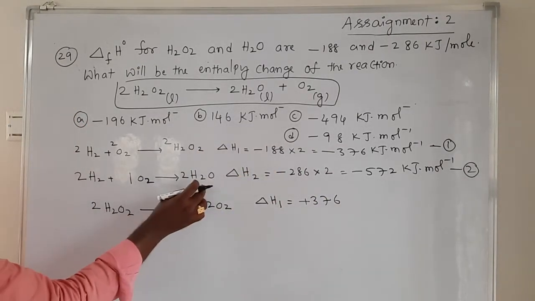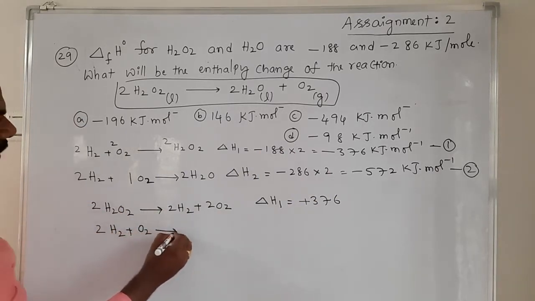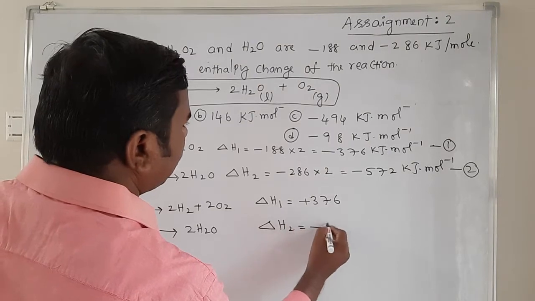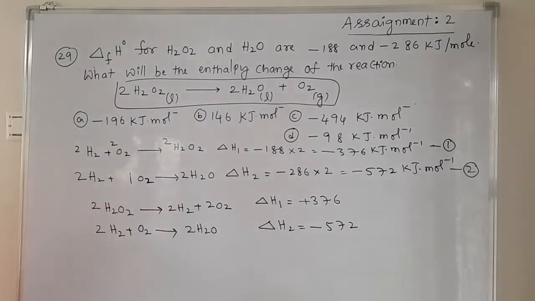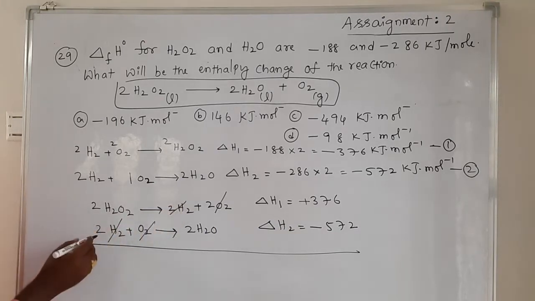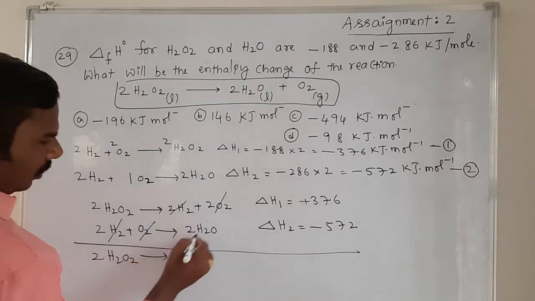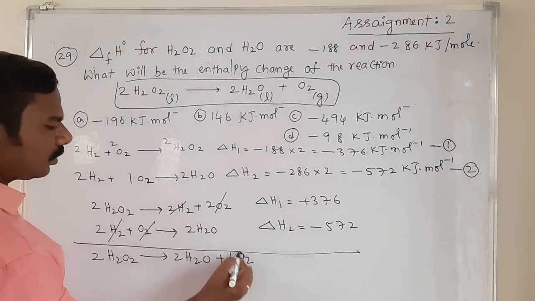Next, this one will be the same: 2H2 plus O2 gives rise to 2H2O. Delta H2 remains the same, that's why minus 572 kilojoules per mole. Once you solve this, finally one O2 cancelled and one H2 cancelled. What is left? 2H2O2 gives rise to 2H2O plus O2.